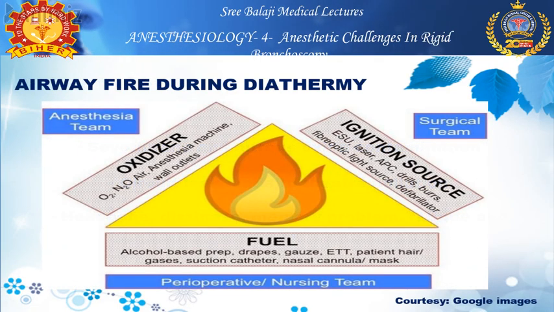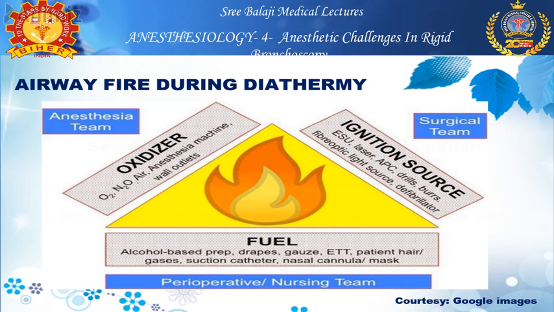the most dreaded complication while doing rigid bronchoscopy, diathermy or laser procedure is the chance of airway fire. So what we are seeing is a triangle which is nothing but a fire triangle, which is very much similar to a Virchow's triad in pathology.